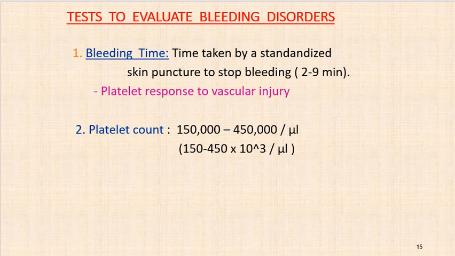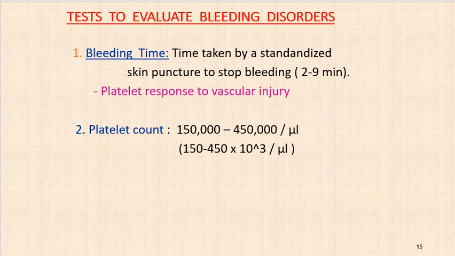Bleeding time is the time taken by a standardized skin puncture to stop bleeding. For example, if we give a small nick at the ear lobule and we do not do anything to stop the blood, we just observe it and note the time taken to stop bleeding from this small cut automatically.